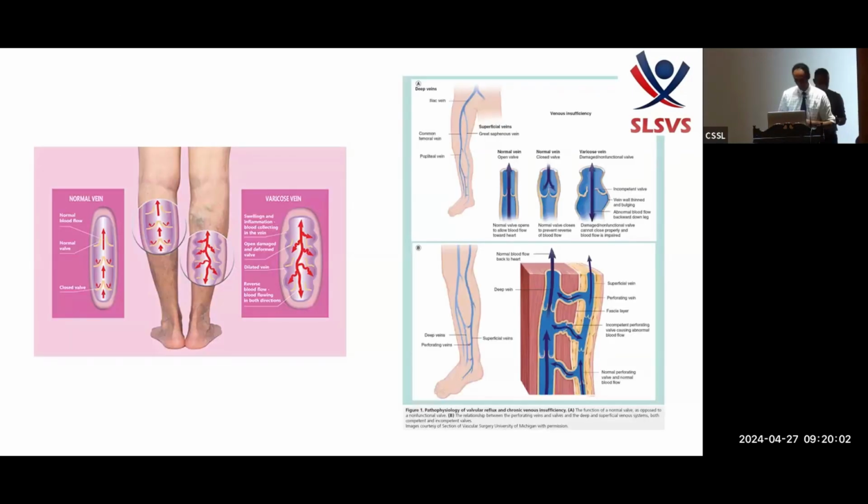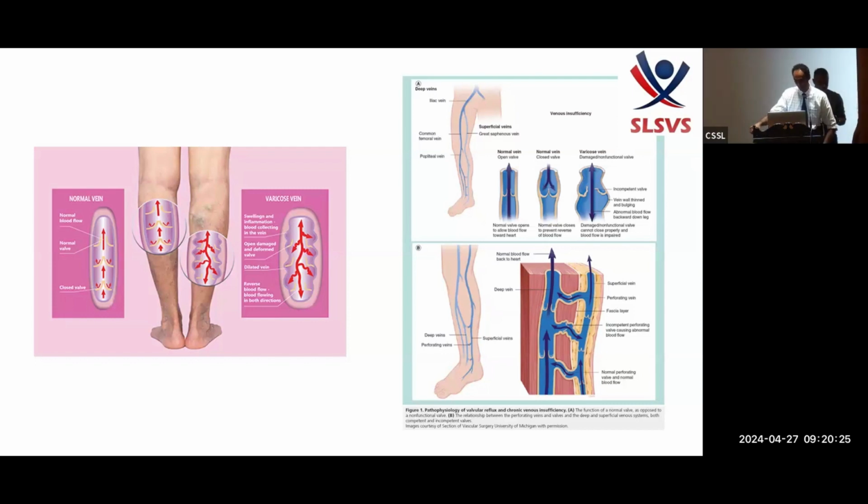What's the pathophysiology of varicose veins, you all know. Valvular damage and venous hypertension cause dilatation and tortuous veins in the leg. Perforator incompetence does the same thing.